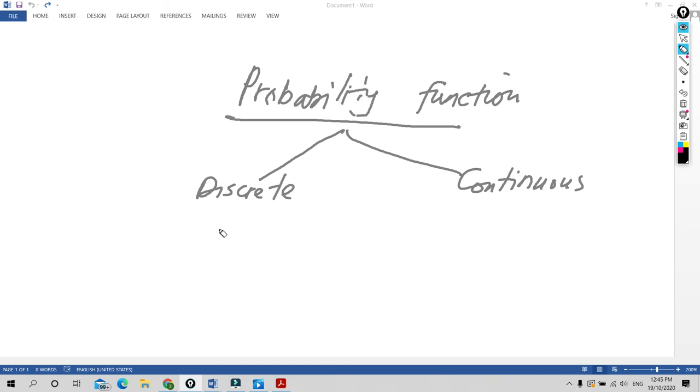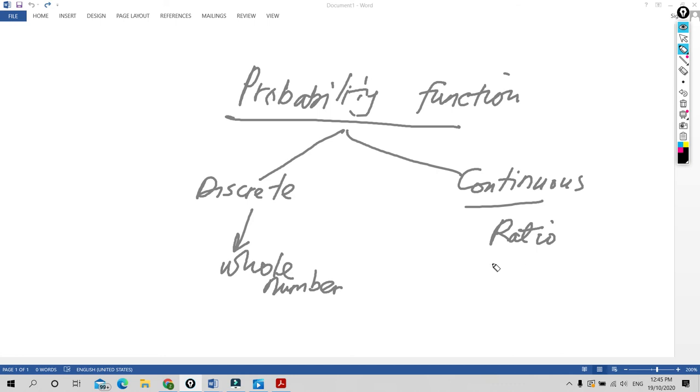And for continuous, it can be a rational number, a ratio, in terms of an interval.